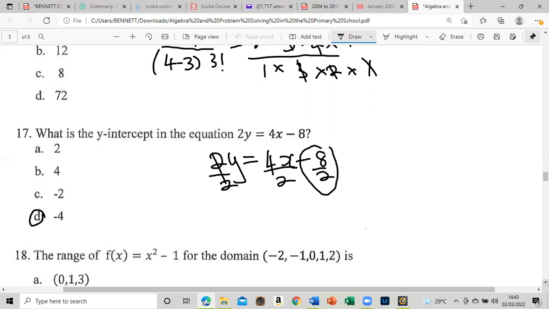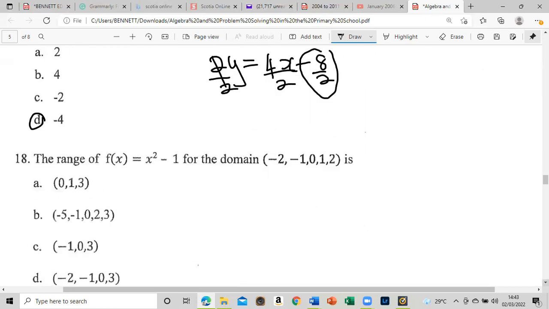Number 18 says the range of f of x equals x squared minus 1 for the domain -2, -1, 0, 1, and 2 is. Alright, so basically, guys, we can just put these in and see how it works out. I think I'm just gonna draw the table though.